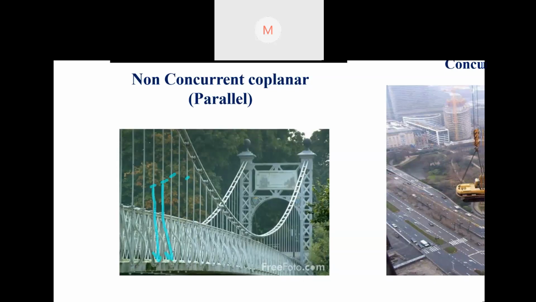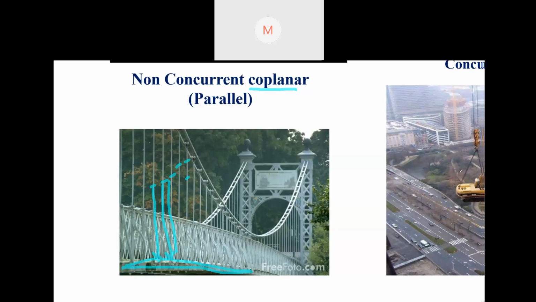So that means coplanar. Why coplanar? That means same plane. So this is the plane, right? And they are coming like this. This one is coming, then this one is coming.